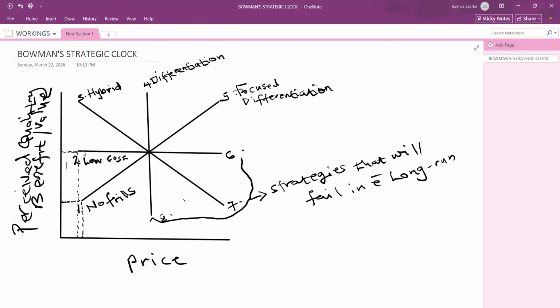You notice that they are producing at average quality. That average quality means the majority of the competitors are all producing at that same quality, but they are able to sell at a below average price. See their price is below average, but the quality is average quality. So this is proper cost leadership.